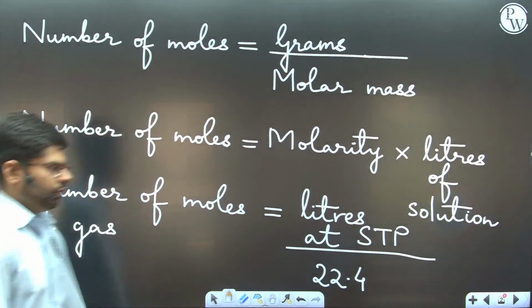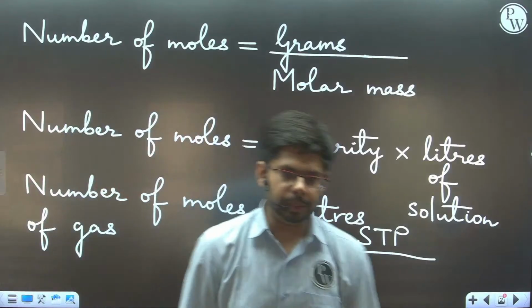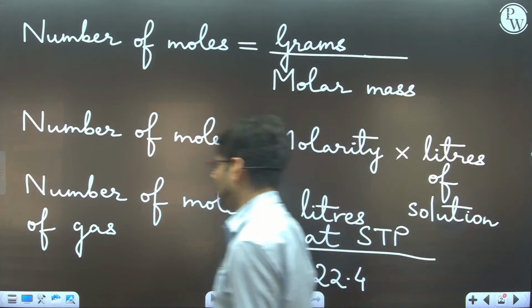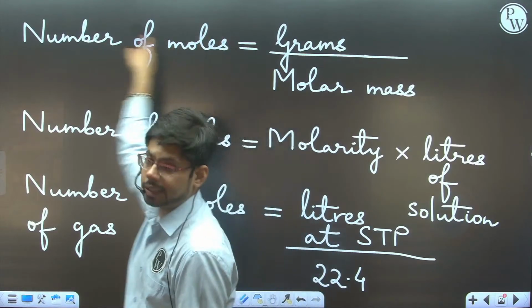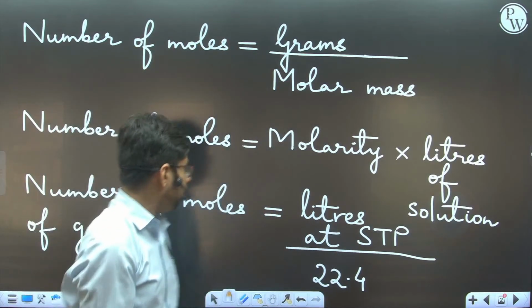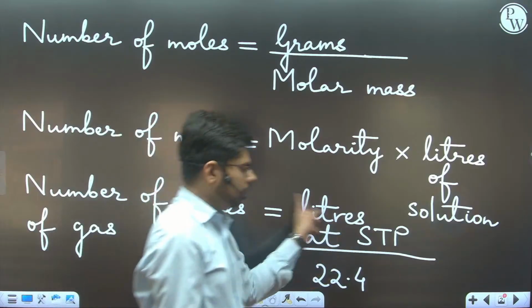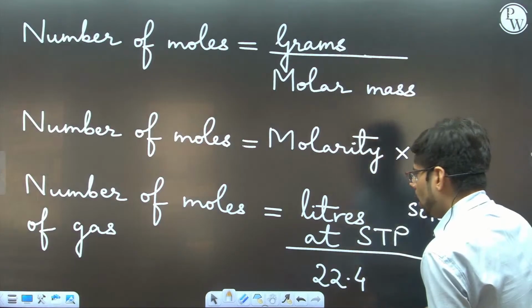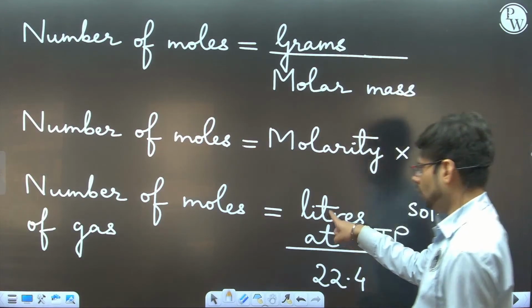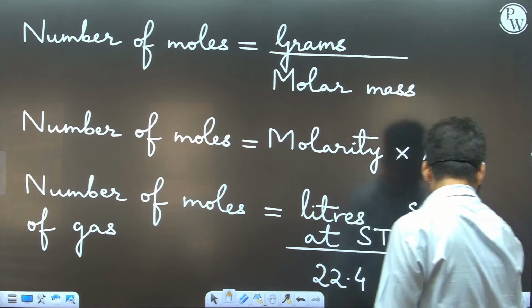So if they are talking about STP or NTP, then we can use this formula. And again, the first two are always applicable irrespective of whether the substance is at STP or not. But the third formula is applicable if the gas is present at STP. Again, here it's liters, not milliliters, right? Okay.